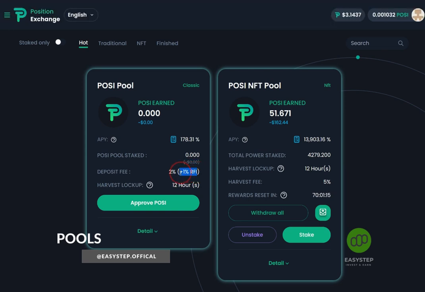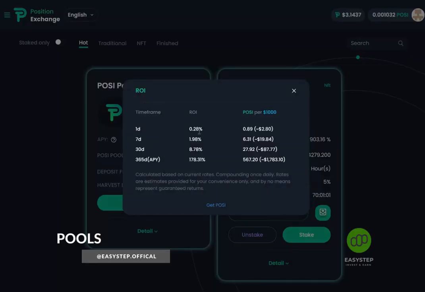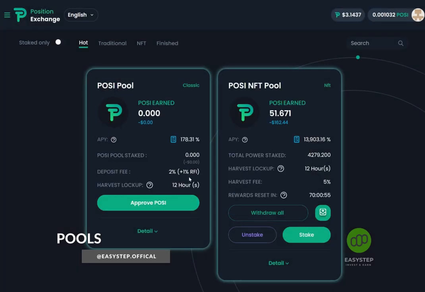Everyone holding POSI is entitled to get a 1% reflective reward. Okay, so that's just one benefit of having the POSI token, and a benefit of staking your POSI in here. So you'll get the 0.28% for staking in this pool, but you'll also get your 1% RFI or reflective reward.